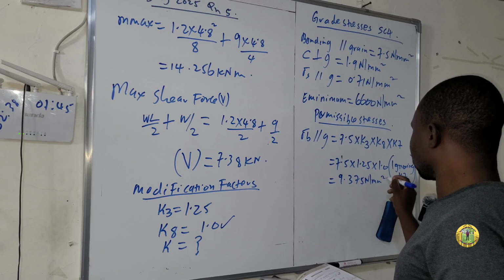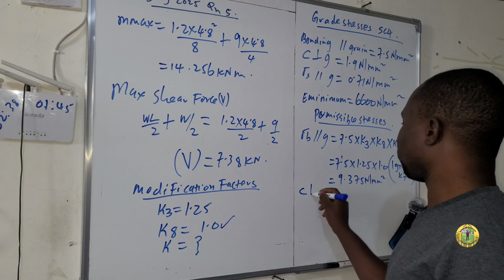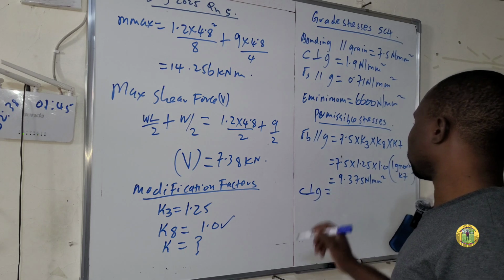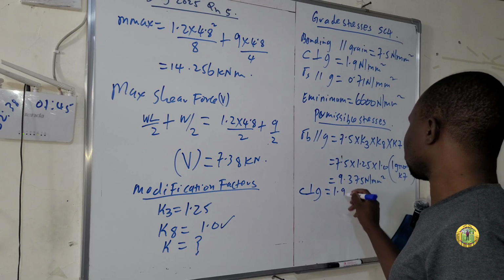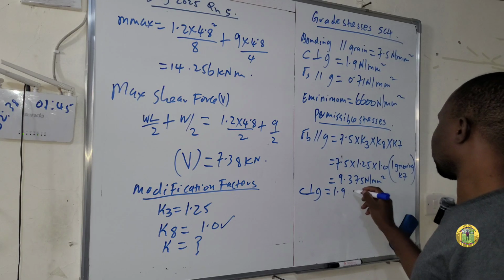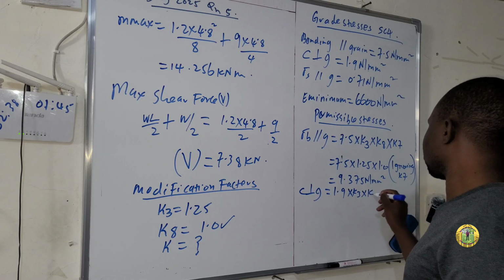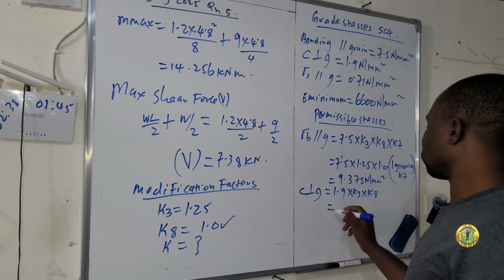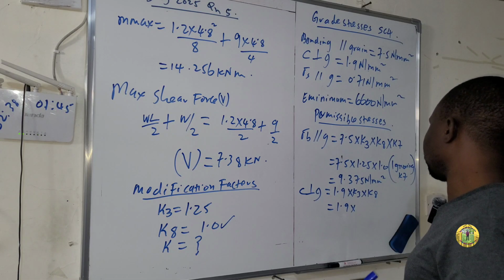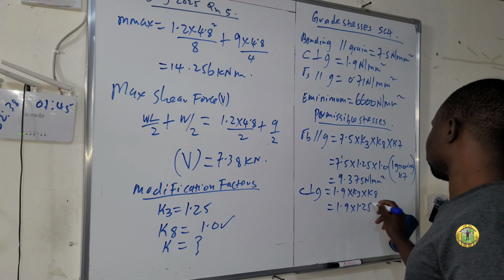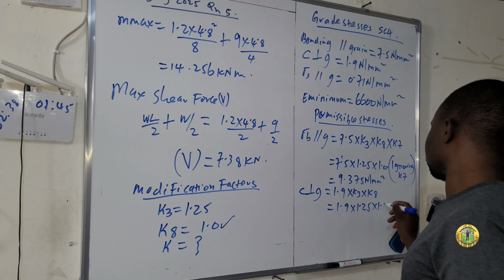And then you proceed to compression perpendicular to grain. So this one is equal to 1.9 times K3, 1.25, times K8, 1.0.